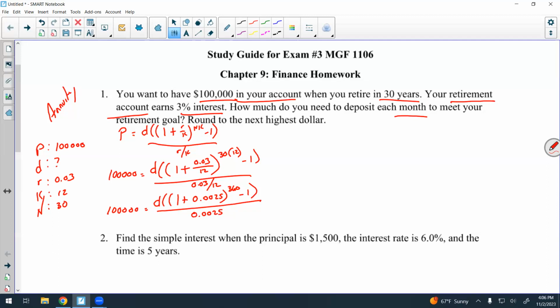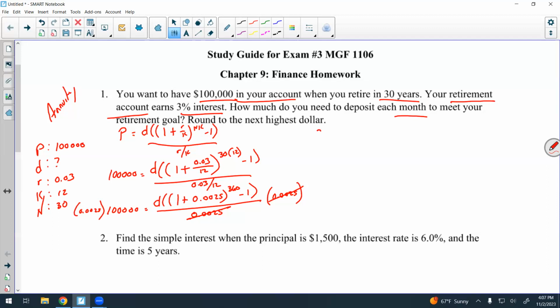Now, nobody likes dealing with fractions. So if we want to get rid of a fraction, we can just multiply by the denominator, right? Well, if I do it on the right side, I have to do it on the left side as well. So over here, this cancels out.